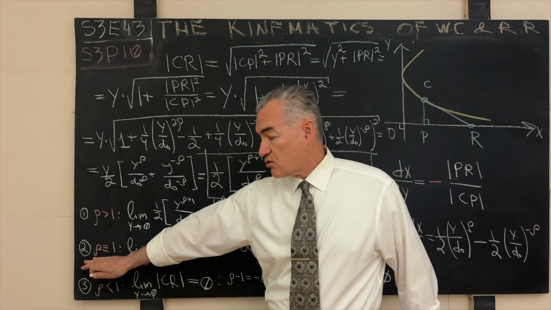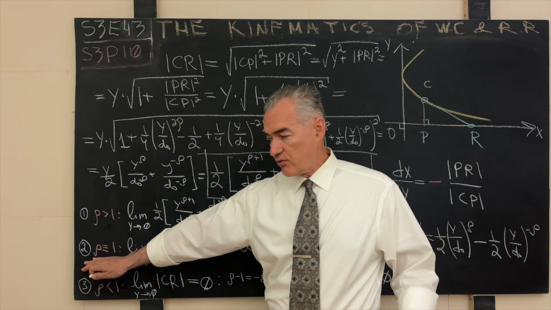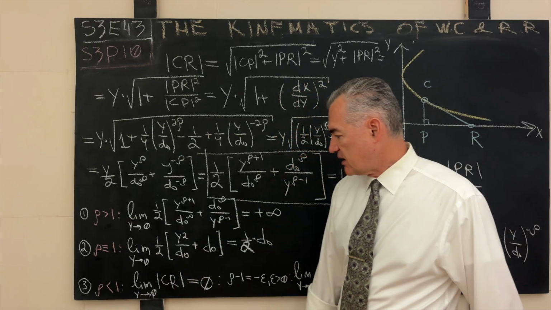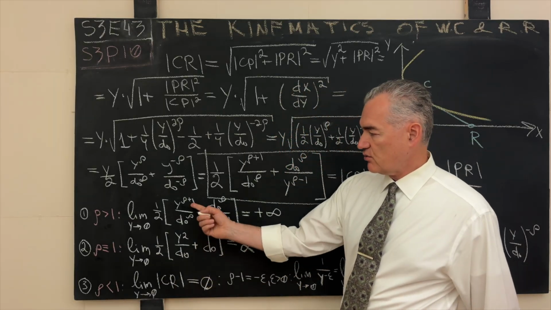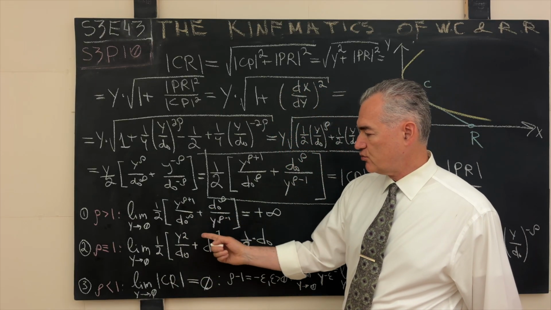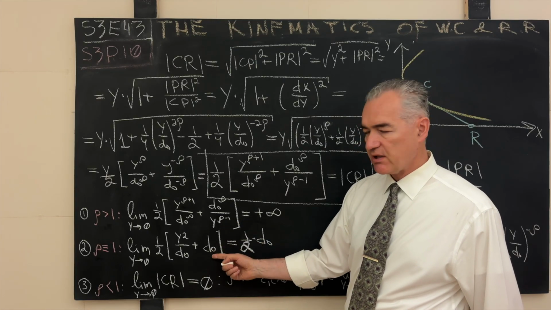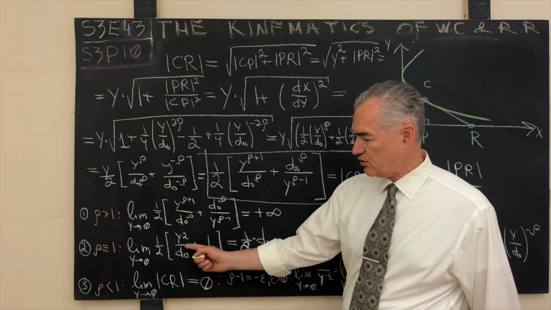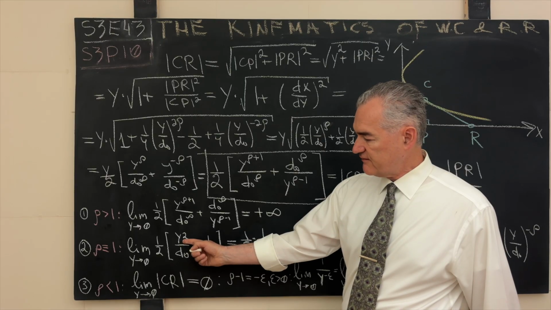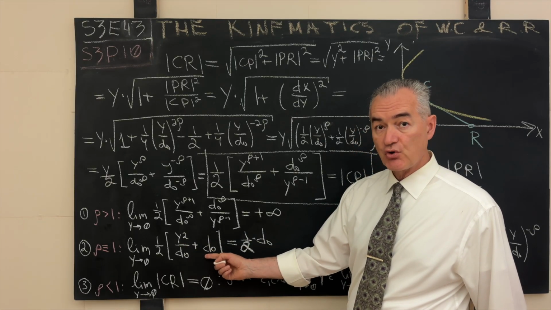When the ratio of the velocities is precisely one, then we have the following situation over here. Look, 1 is gone, it collapses into 2. 1 minus 1, 0, that becomes 0. This is quite interesting. So this term in the limit vanishes, but this constant survives.